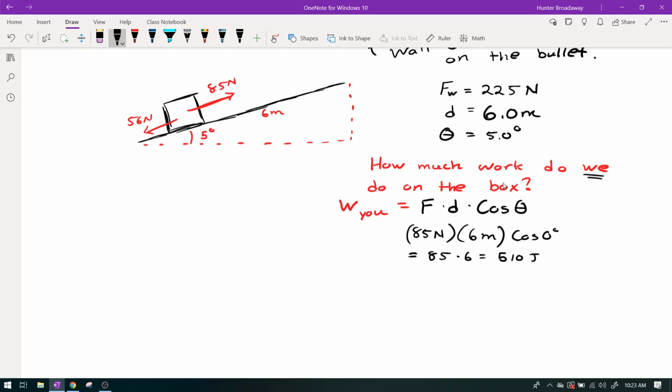Part B is how much work does the force of gravity do on the box? It's not moving up or down at all?